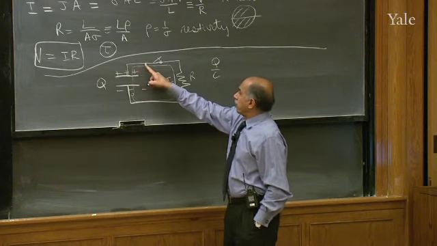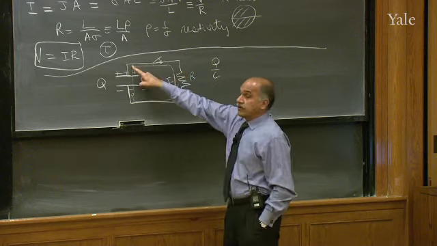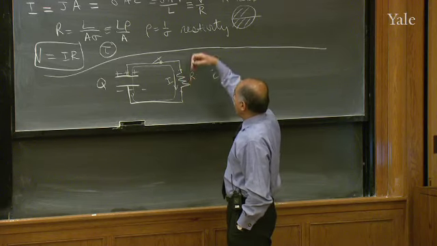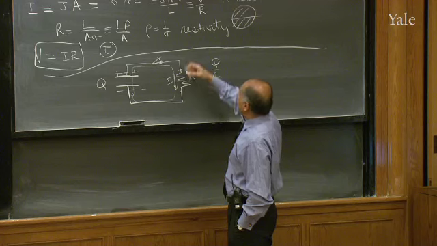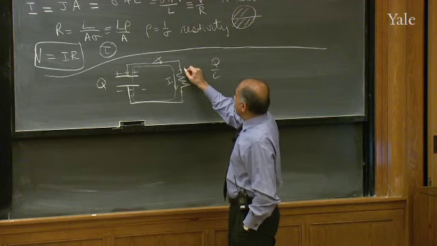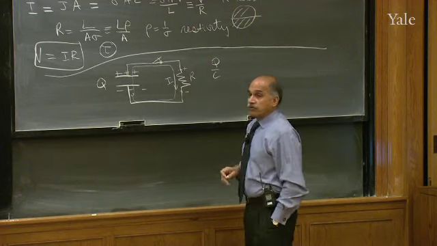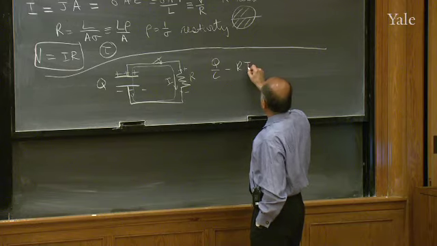This conductor is assumed to be a perfect conductor. So there is no electric field inside here. There's no change in potential until I come to this resistor. A resistor will not carry current unless there's a voltage applied to it, as we have seen. This is the higher end of the voltage. That's the lower end of the voltage because it's flowing downhill. So you have a drop in voltage by an amount Ri.